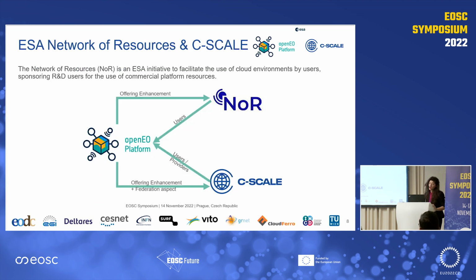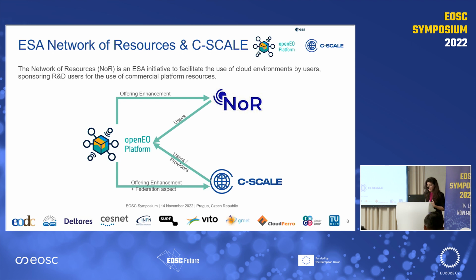The network of resources, for those that are not aware of it, is an ESA initiative to facilitate the use of cloud environments by users, those that have R&D projects, but on commercial platform resources. So it is the tool ESA uses to cover the costs on the commercial providers for R&D users.